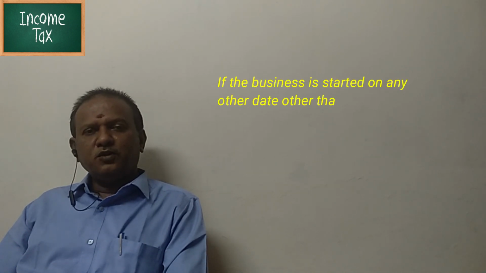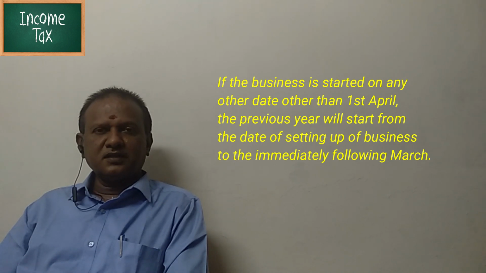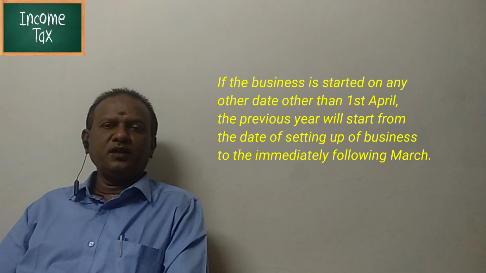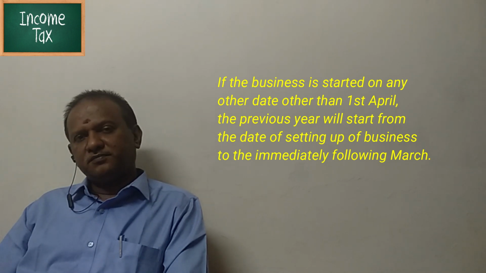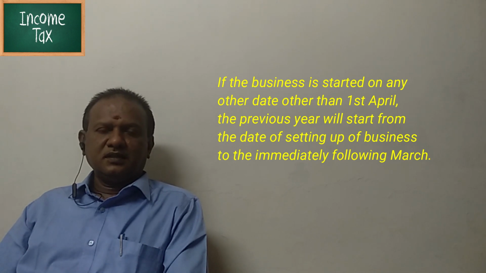So in case of a new business, the previous year starts from the date of commencement of business and ends on the immediately following March 31st. This is the explanation added by section 3.